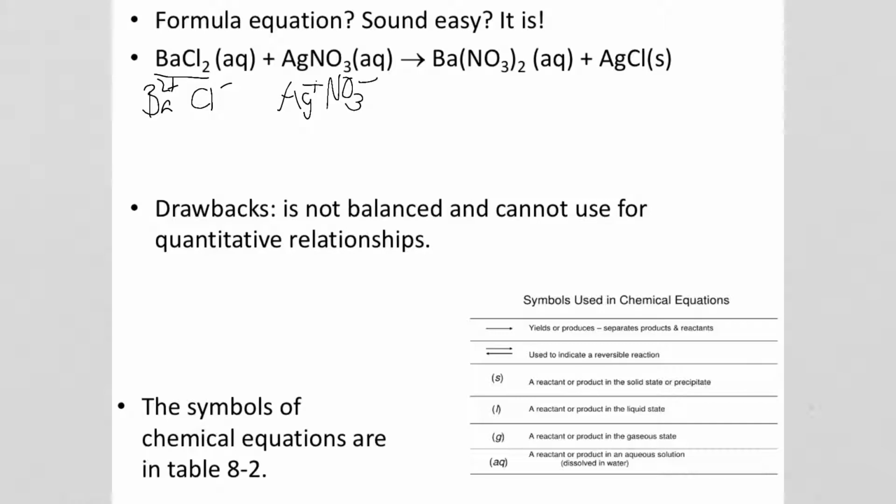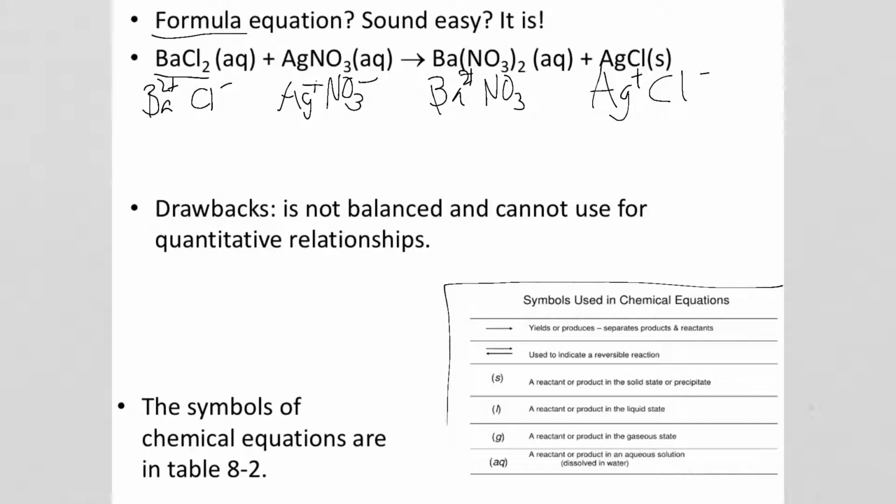We only need one of those. Again, barium with its 2+, nitrate with its 1−, crossing the charges, and silver with its 1+, chlorine with its 1−, and seeing I only need one of those. That's how you get the correct formulas. So hence the formula equation. You also see it includes the symbols used, hence why I included this package here.